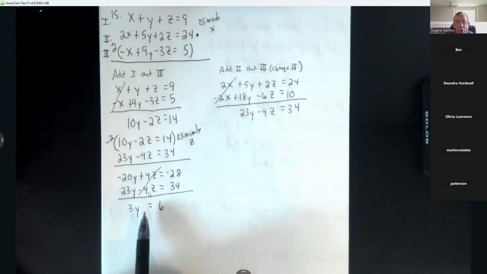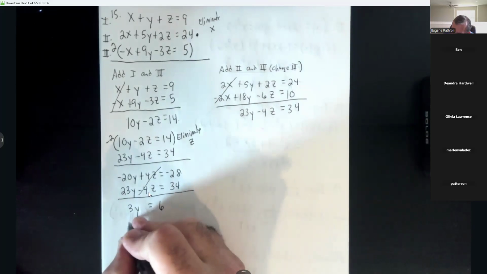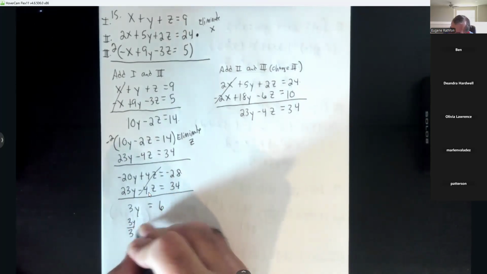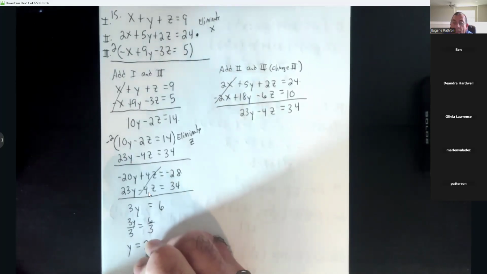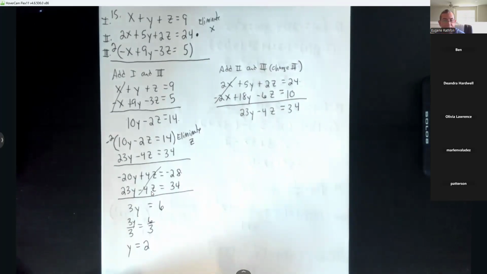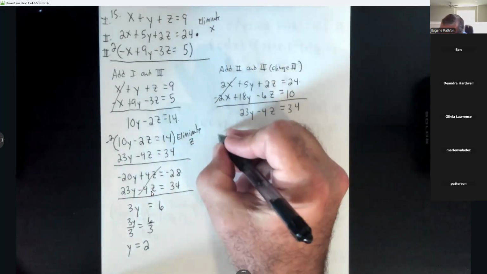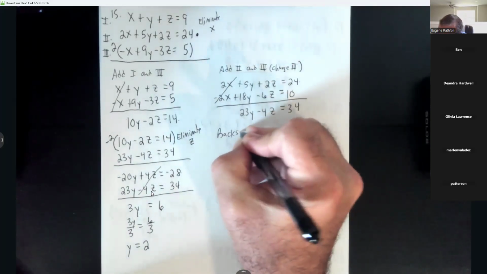So y'all, one more move. We got the y solved for, and then we just start doing all that back substituting, okay? So I'm going to divide both sides by 3. So I know now that y equals a positive 2. Good job, Jayla. All right, so back substitute.